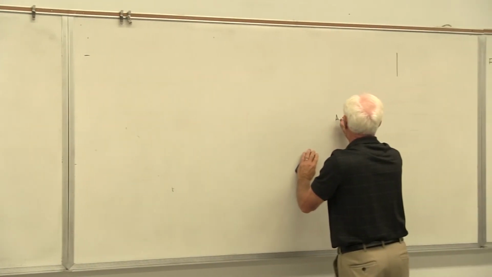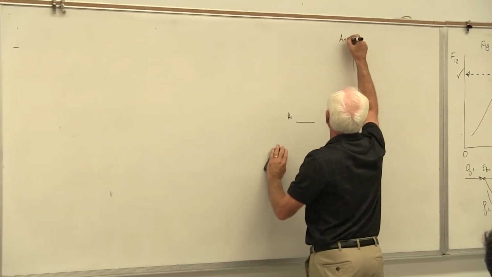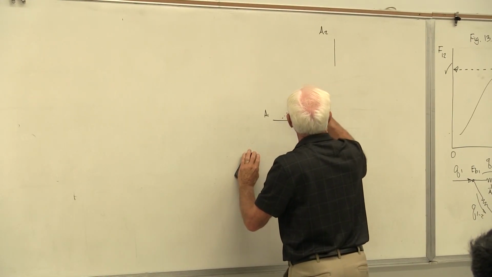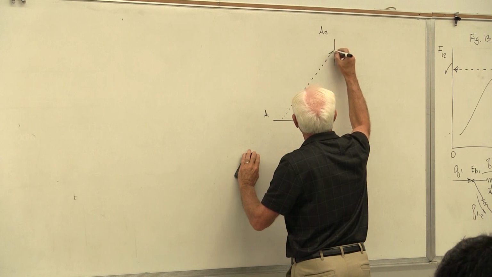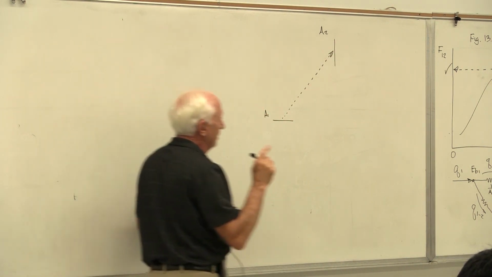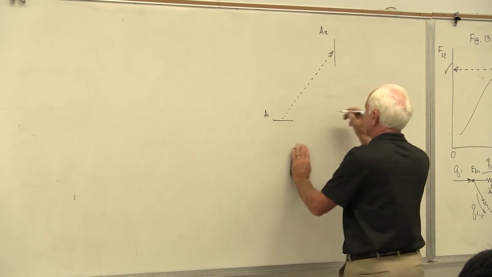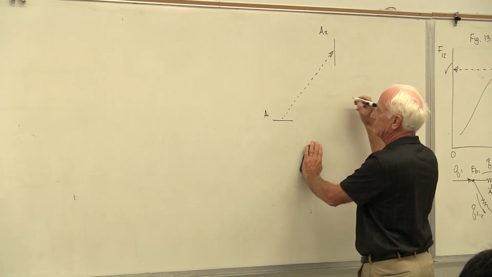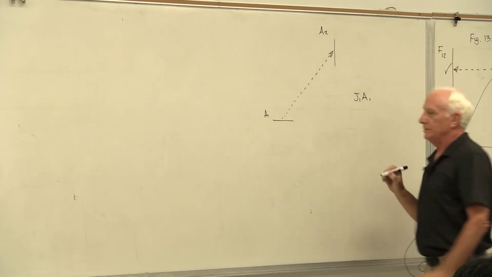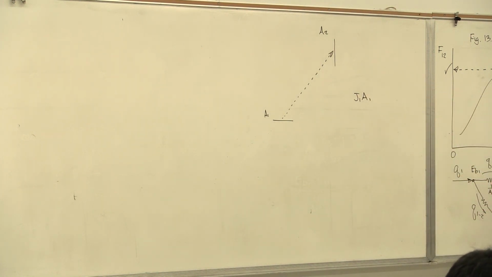I said, here's surface A1, here's surface A2, and of all the radiation leaving surface A1, only a part of that strikes A2. Here's what I wrote down. That radiation is equal to what leaves surface A1, J1 A1. J1 is radiosity, in watts per square meter.